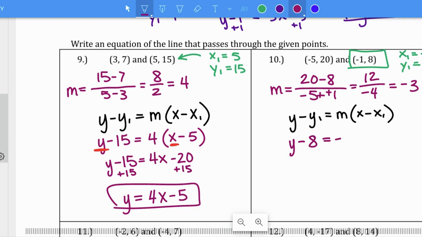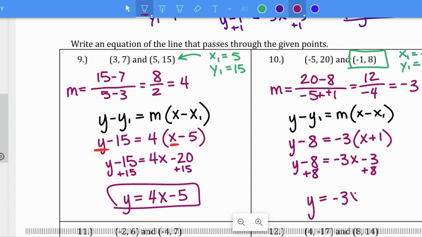My slope was -3. And X minus, the X1's a -1. Subtracting a -1 turns into +1. Distribute. And then add the constant. -3x plus 5.